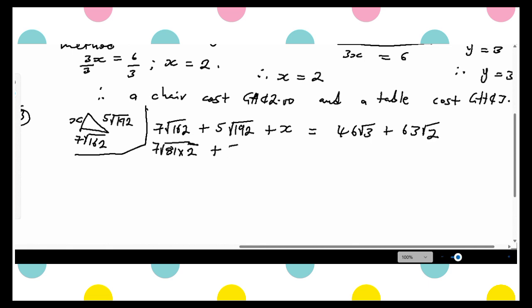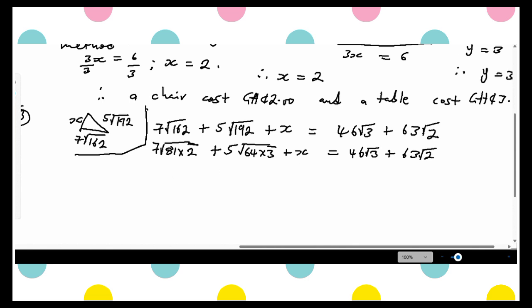Then we have the next term. We look for the least prime number that we can multiply by a certain perfect square to get 192, and that is going to be 3 by 64. Then plus x equal to 46 root 3 plus 63 root 2.